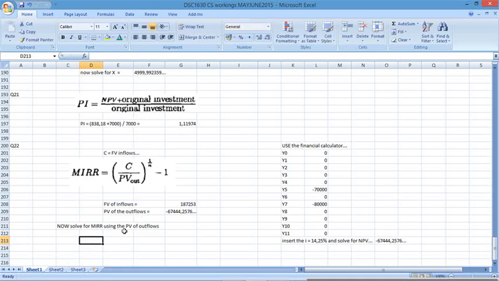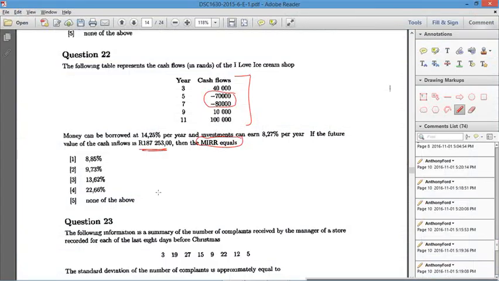Alright, so my modified IRR comes out to, okay, 9.72%. Option number 2.